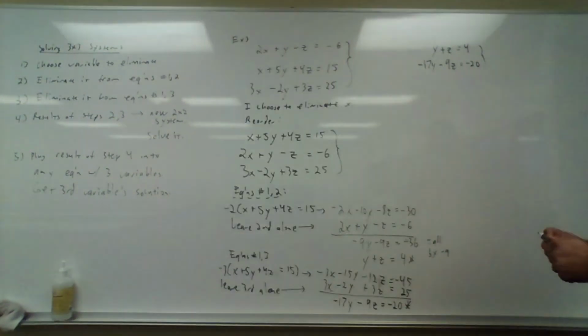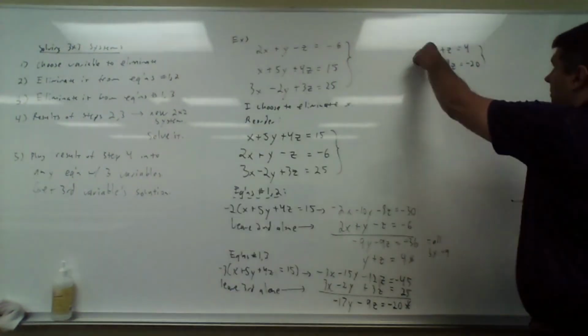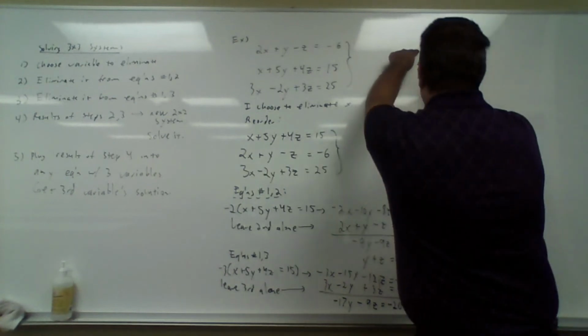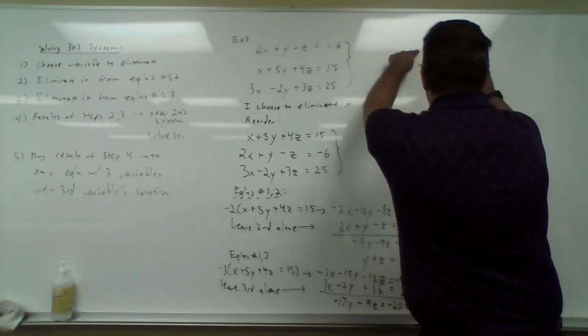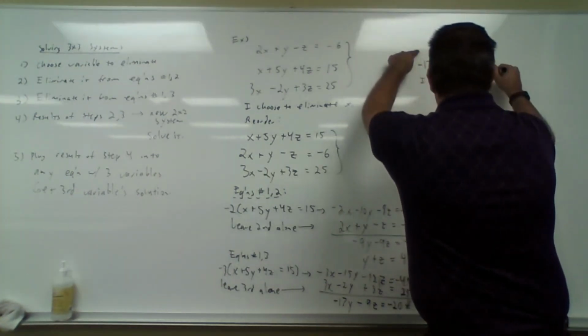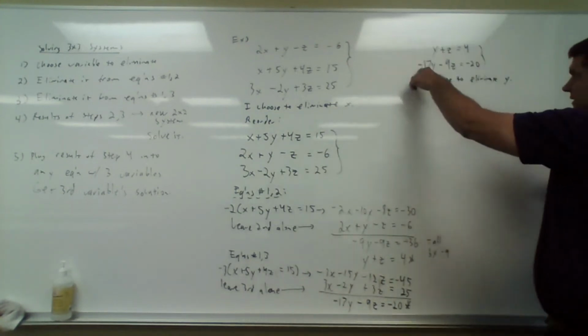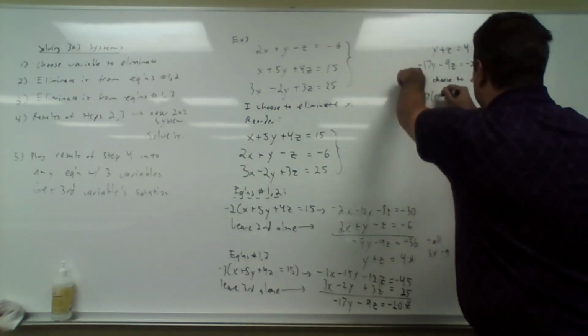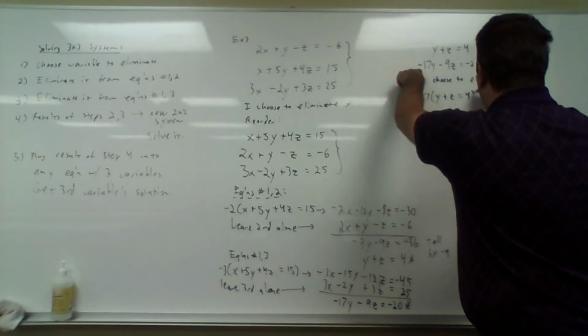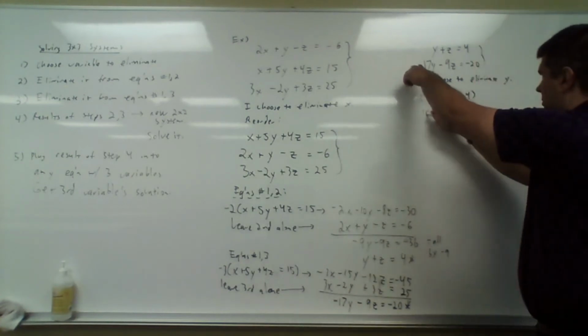We're going to resume. I propose to eliminate y. So I'd have 17y and negative 17y. So 17 times y plus z equals 4, and I'll leave the second alone.